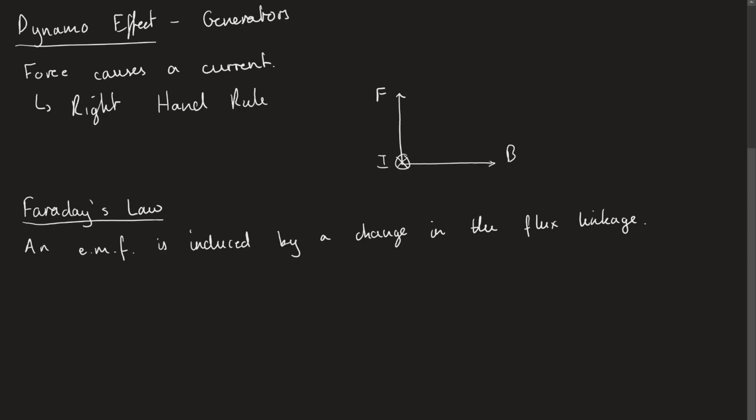Okay, we could also rewrite this and say that, so this would be version 1, version 2 would be the EMF induced is equal to the rate of change of flux linkage.